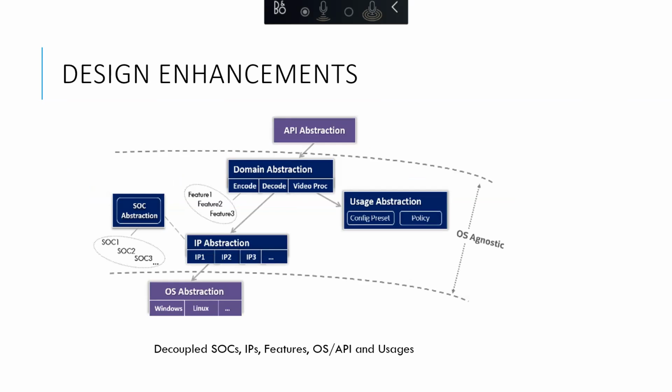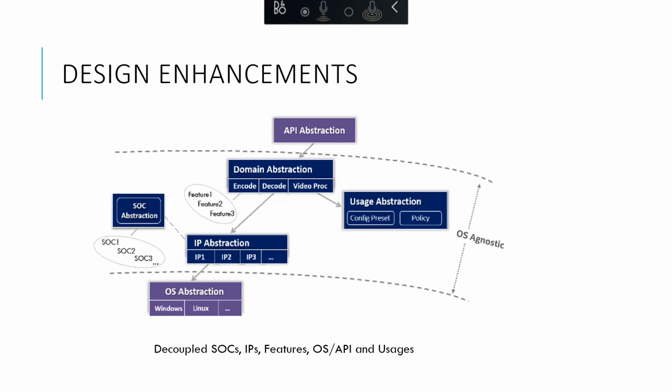So in our case, as I mentioned, our intermediate software is a complex platform software. It needs to support different IP, different SOC, different OS and API. So as you can see, we have the decoupling from different dimensions.